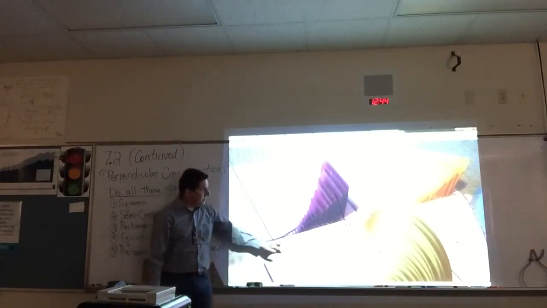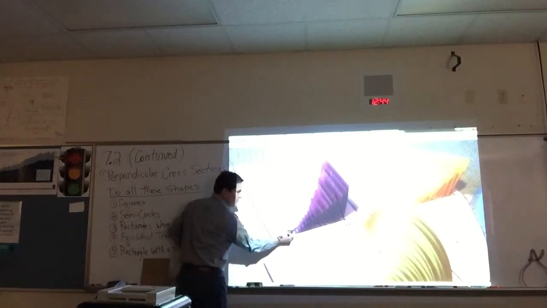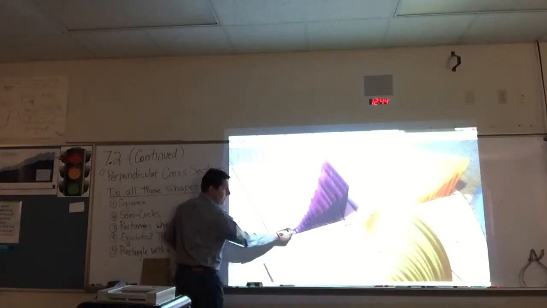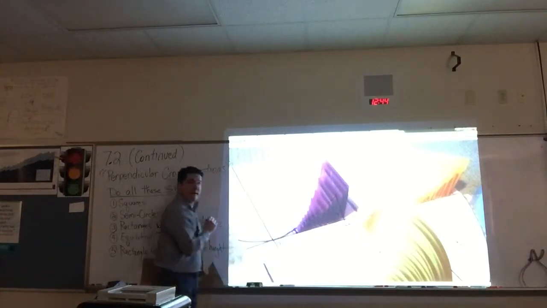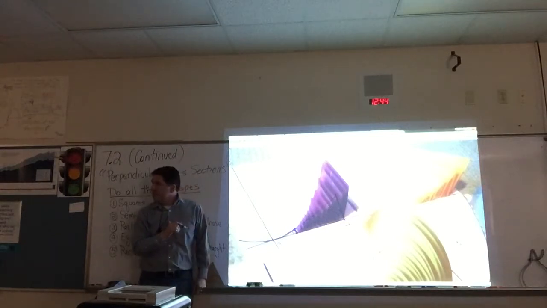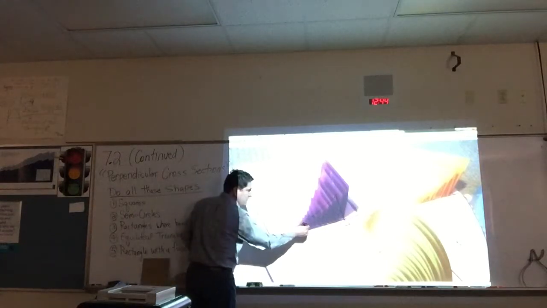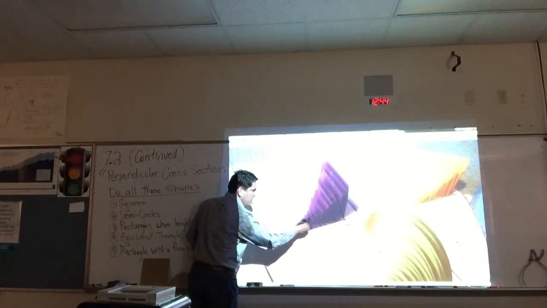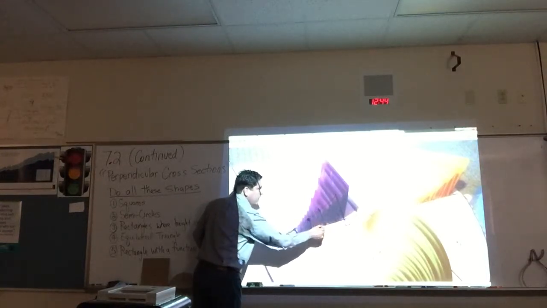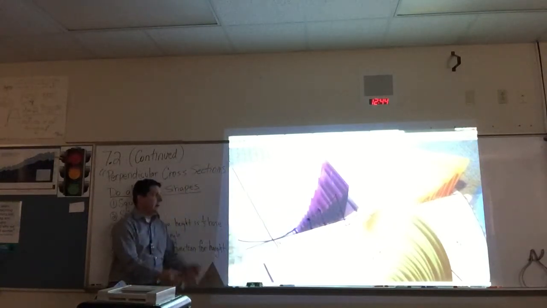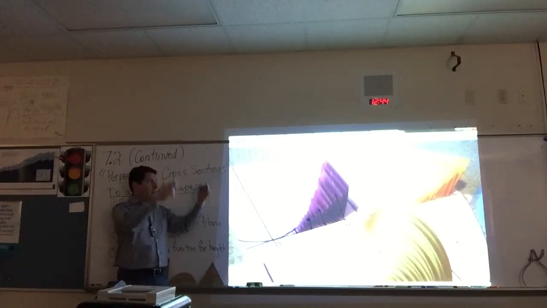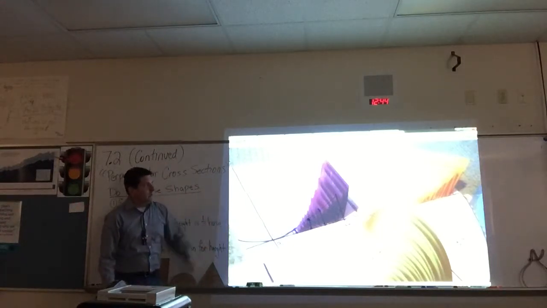And the size of the rectangle is based upon the distance between, when we do top minus bottom all the time for the area between two curves. This is the distance between here and here, here and here. That determines the height of the rectangle or the square or the semicircle or whatever.